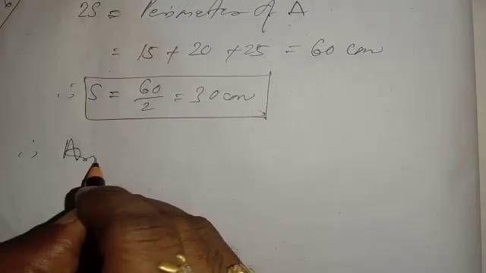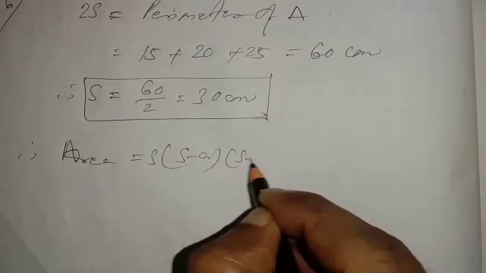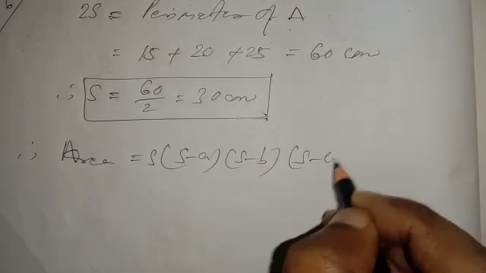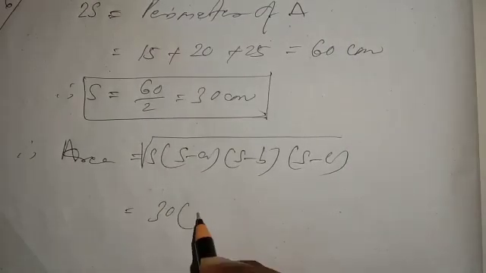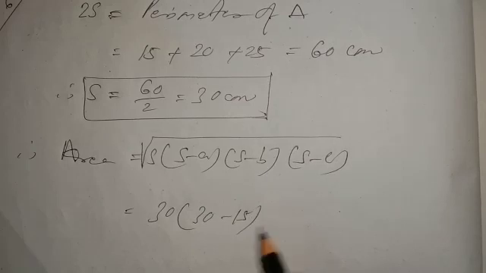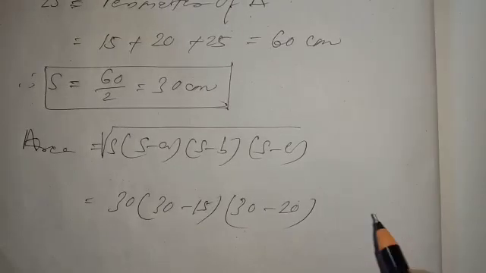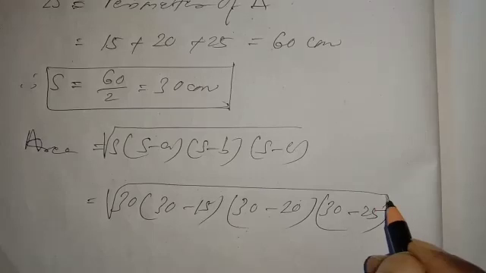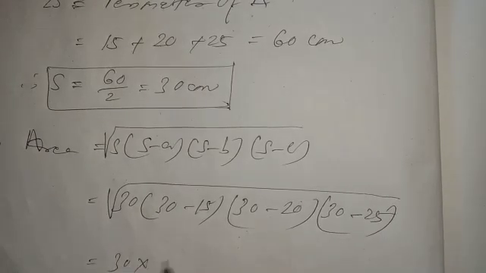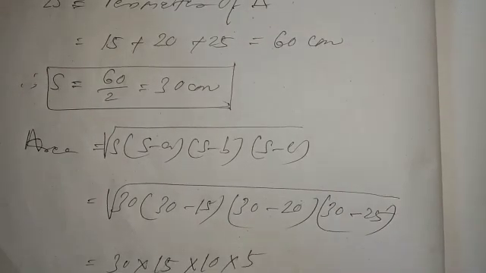After finding S, you have to use Heron's formula for the area of the triangle. The area will be the root of S into S minus A, S minus B, S minus C. So here S means 30, into 30 minus 15, then 30 minus 20, then 30 minus 25. That means 30 into 15 into 10 into 5.